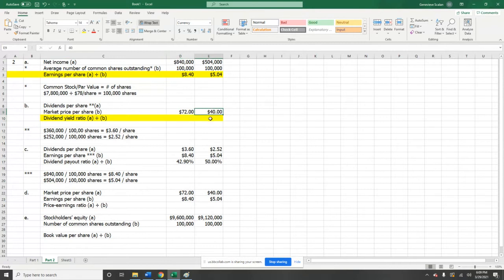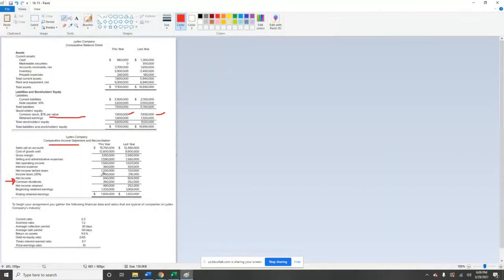But you need to know the dividends per share. What they gave us on this income statement was the dividends, so these are the totals.